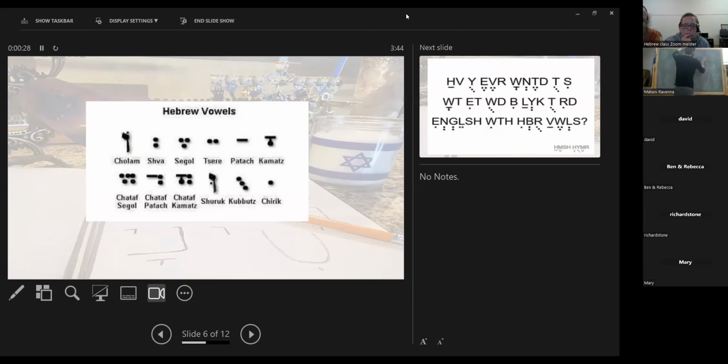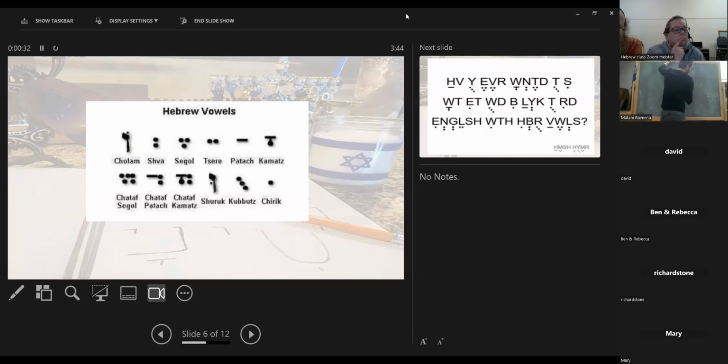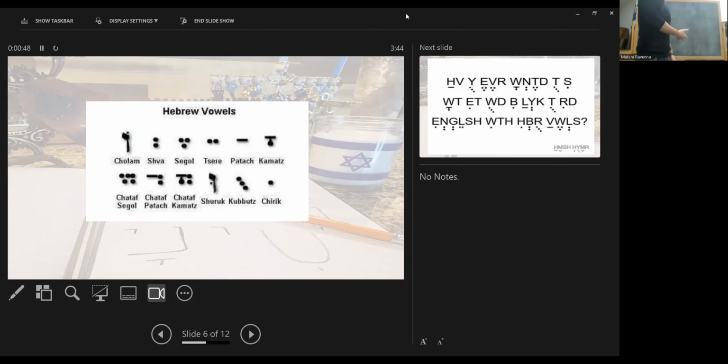We don't have all of the vowels on this image, and we are not gonna use all of the vowels on this image. No one in Israel uses all the vowels on this image, except for people who write Torah scrolls, prayer books, and whatever. Let's continue.